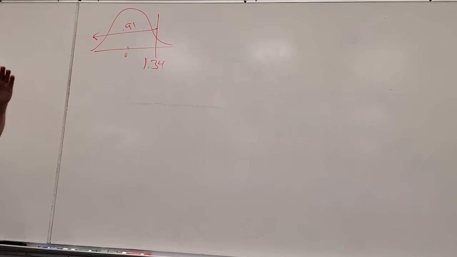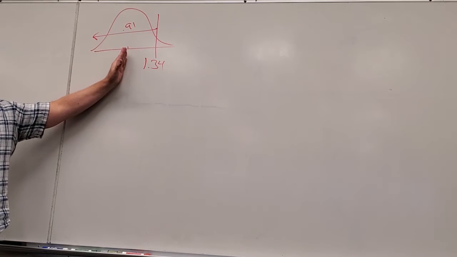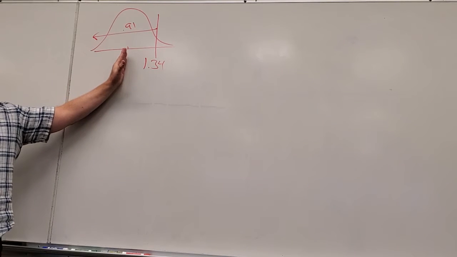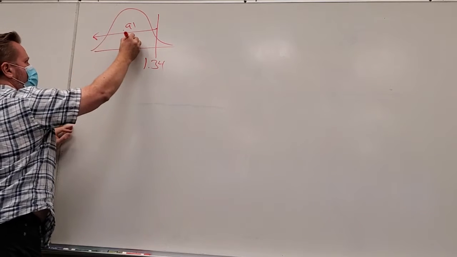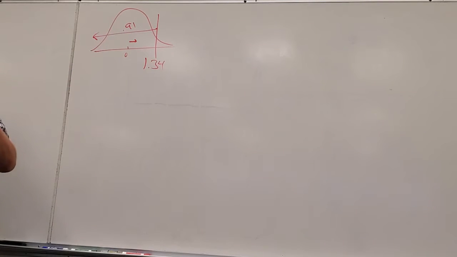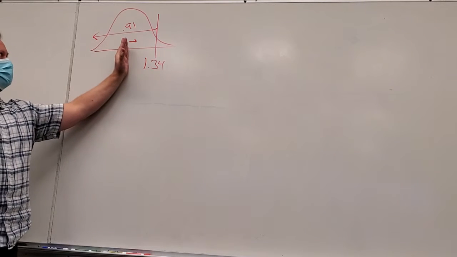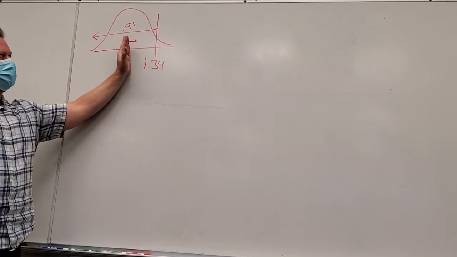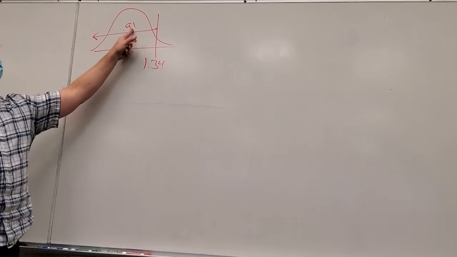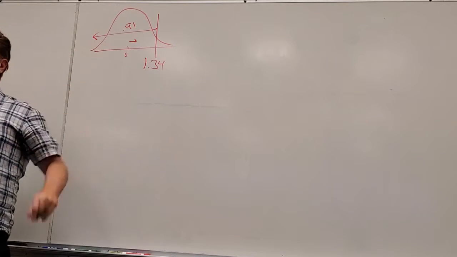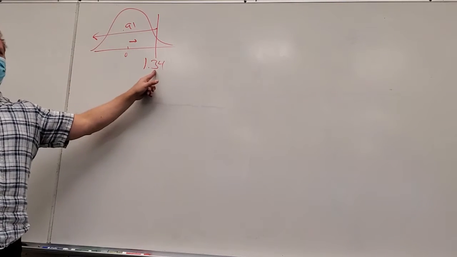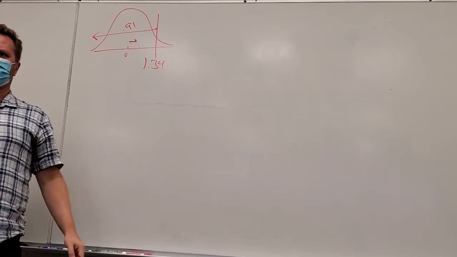What that means is, at the mean, I've got 50% below me. As I move up, don't I get more and more area that I'm passing? So really the question is, how many standard deviations do I have to go up to get a full 91% below me? I have to go up 1.34 standard deviations.